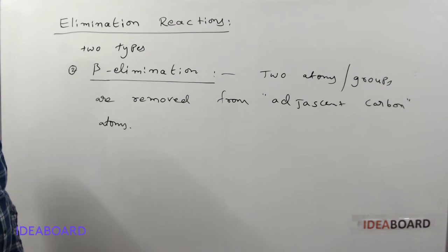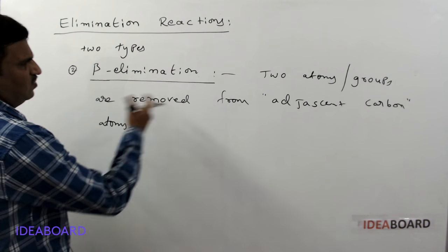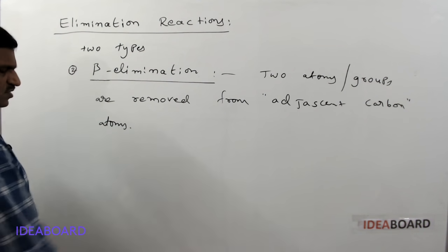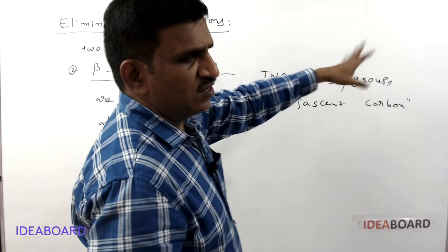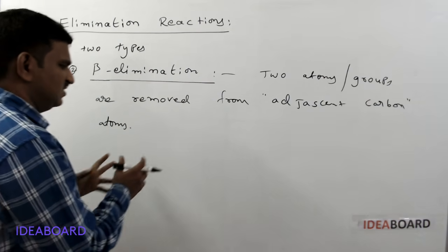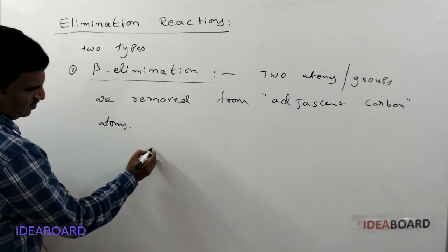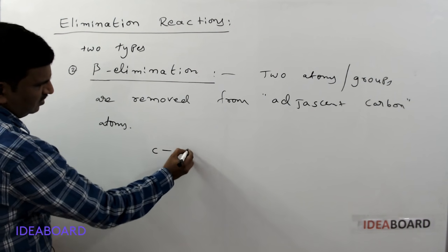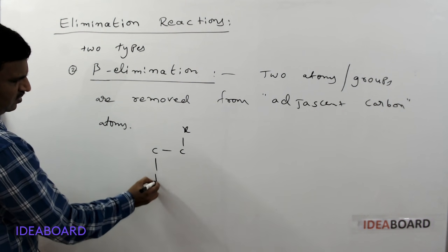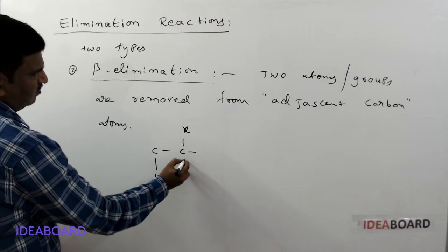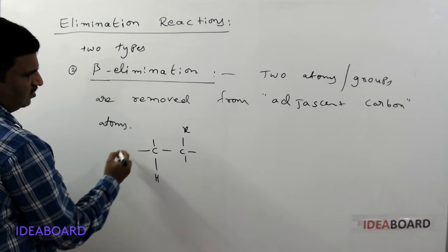to form an unsaturated compound, or generally alkenes are formed, they are called a beta elimination process. So whenever we are removing two atoms or groups from adjacent carbons, how can we write it? Suppose I am writing C, and here there is a halogen, and here there is a hydrogen, and the remaining bonds I am writing normally.